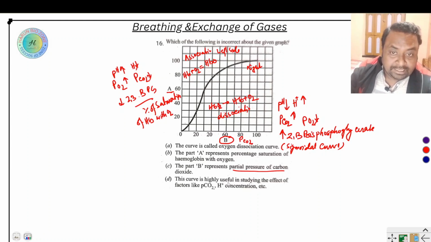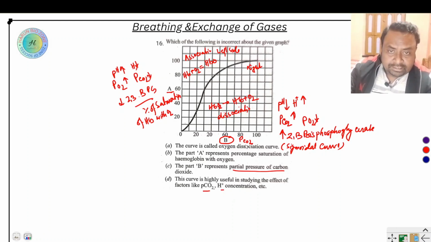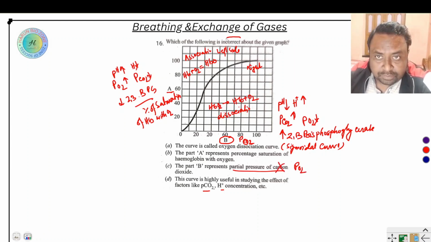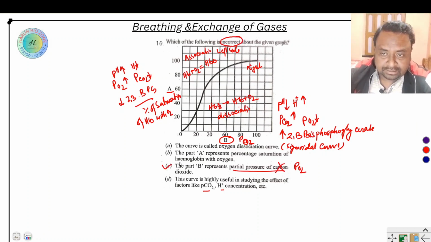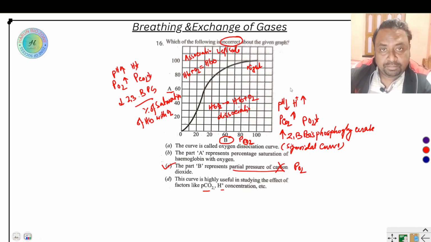The curve is highly useful in studying the effect of factors like PCO2, H plus concentration, etc. So here, this is not partial pressure of CO2, it is the partial pressure of oxygen, not CO2. So the incorrect option is C. This is a very important question, okay, with different factors. Many questions come from this graph.